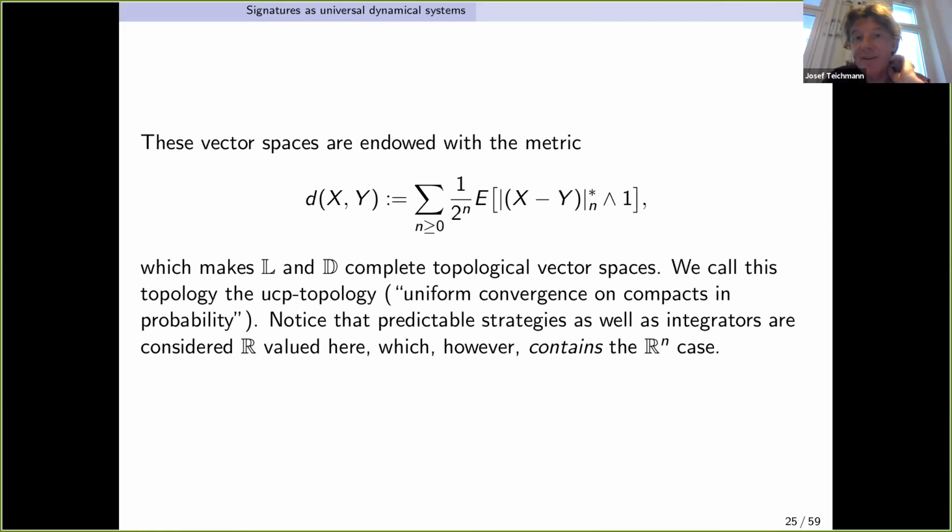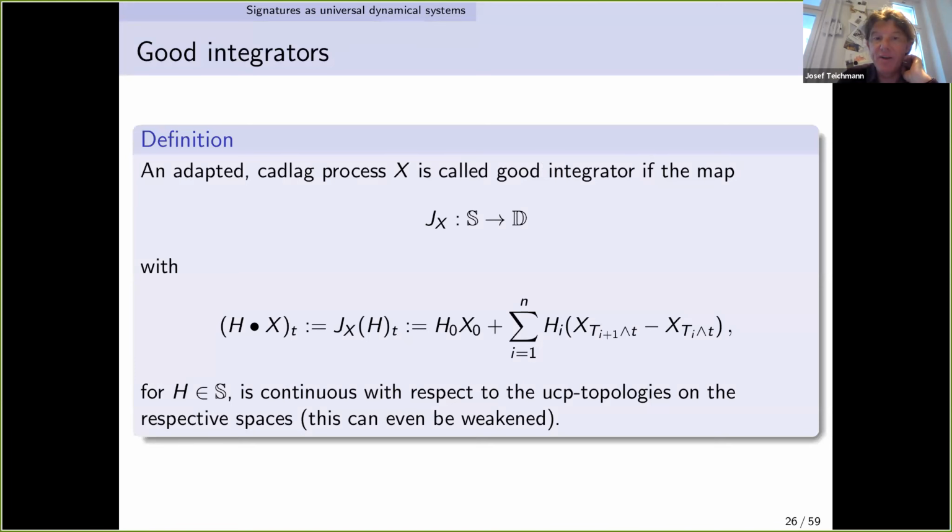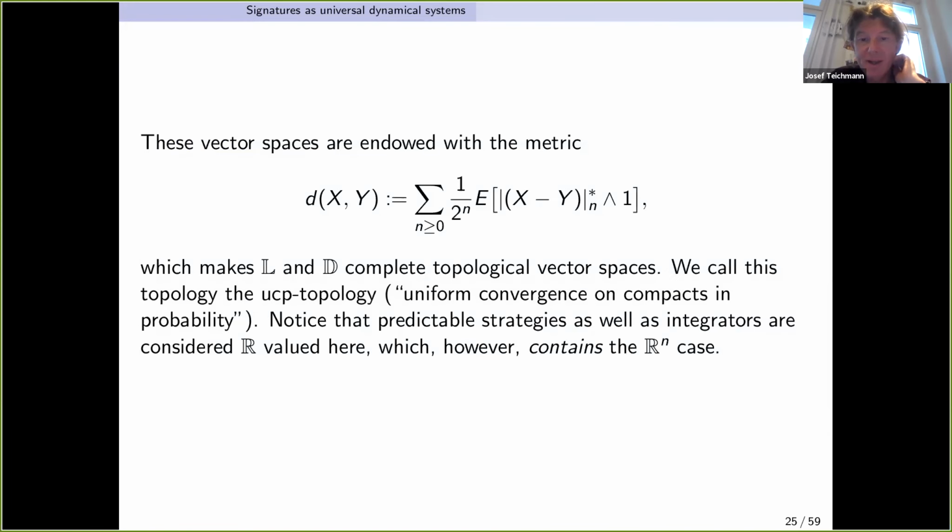Well, and this gives me a metric on all three spaces, and we have the theorem that L and D are complete topological vector spaces, and S is dense in L.